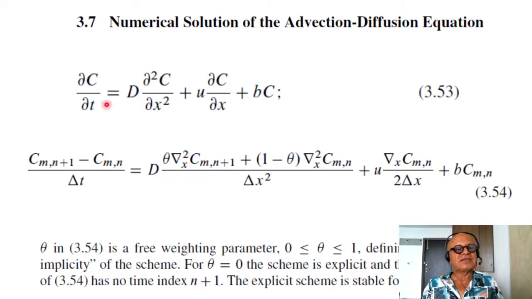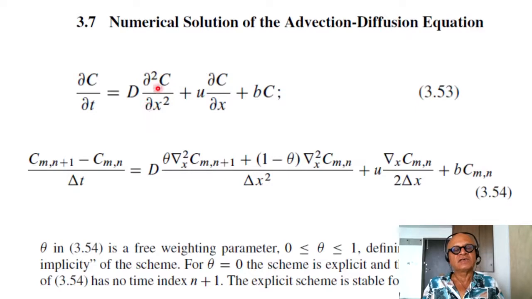So writing this again as an implicit method, there's n plus 1 here and n plus 1 here, but a parameter theta is included here. Looking at dc/dt, this looks like the Euler forward, c m n plus 1 minus c m n over delta t, but becomes implicit because on this side you have D times theta del x squared c m n plus 1, plus 1 minus theta del x squared c m n, divided by delta x squared.